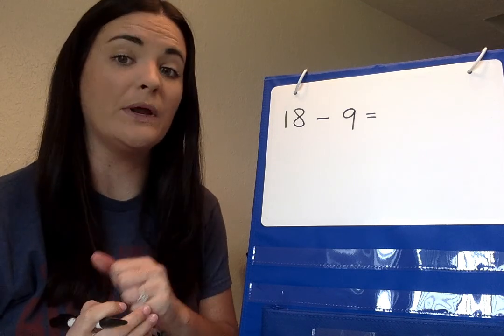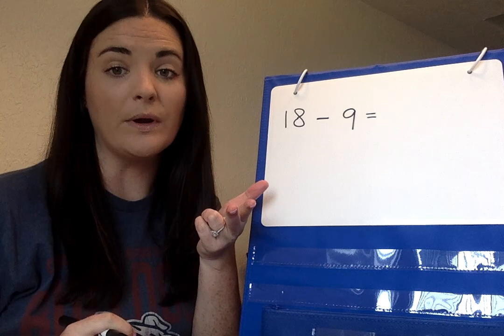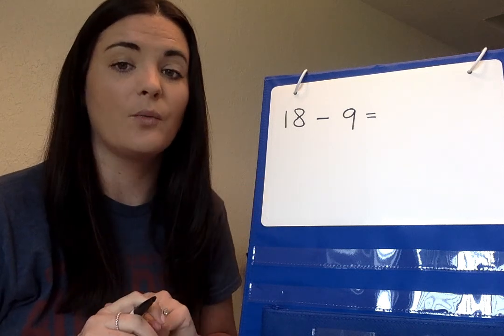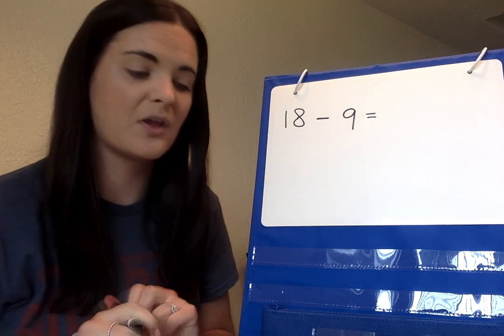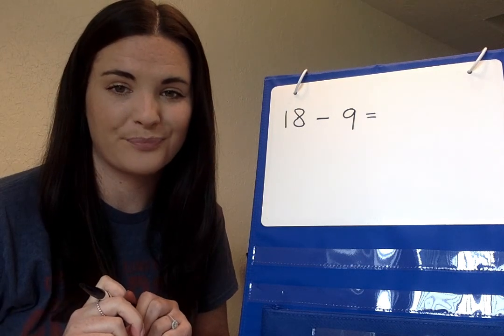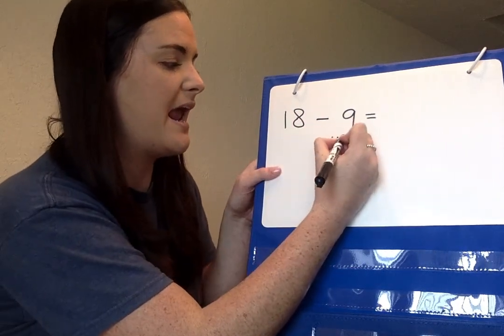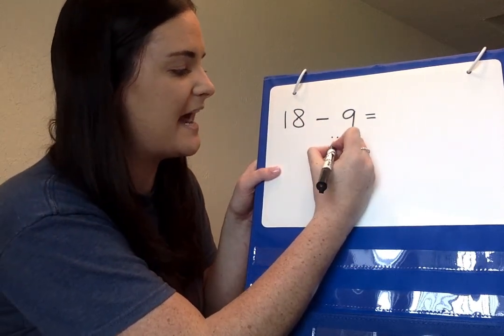Now, we could use a number line, we could count backwards, we could use a tens frame, we could draw a picture. For this one, I'm going to count backwards. Okay? So let's start at 18 and go backwards 9.